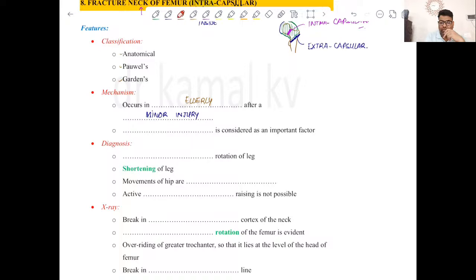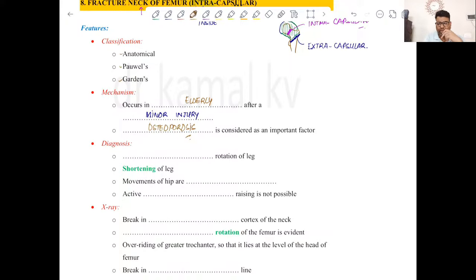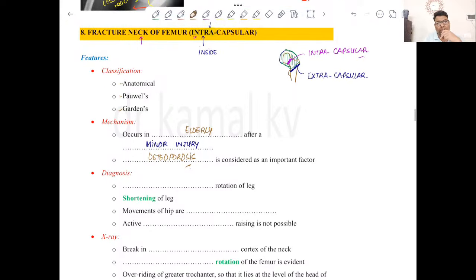And why does it happen so? Because the bone has been weakened by the process of osteoporosis, right? In the majority of cases the patients are elderly, especially postmenopausal ladies, and there is a history of minor injury, maybe a fall in the bathroom. All these are sufficient to break the neck of femur.